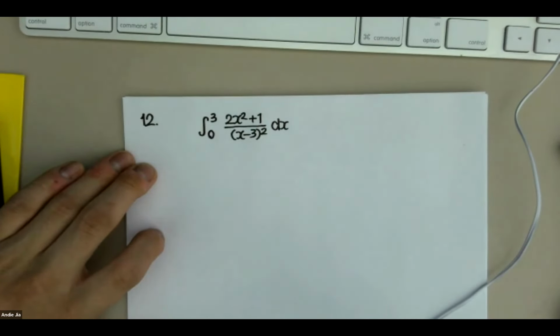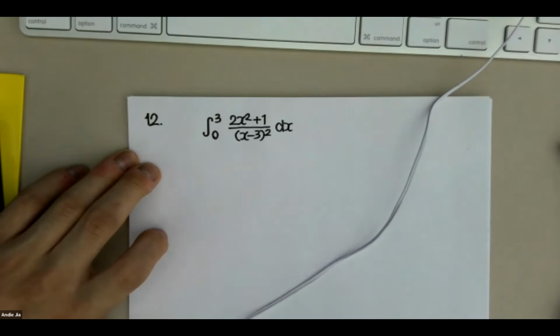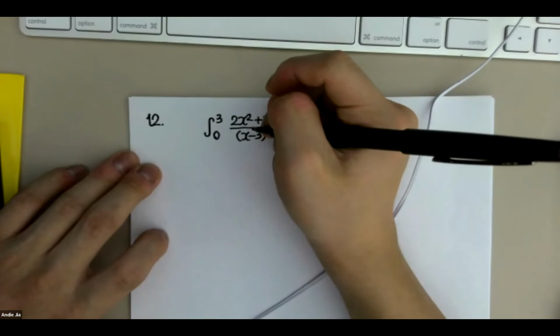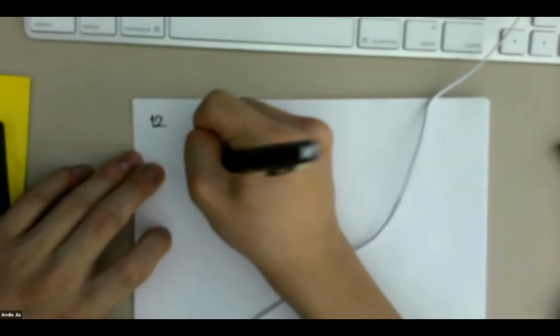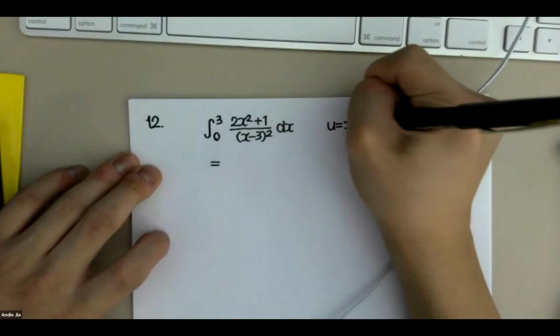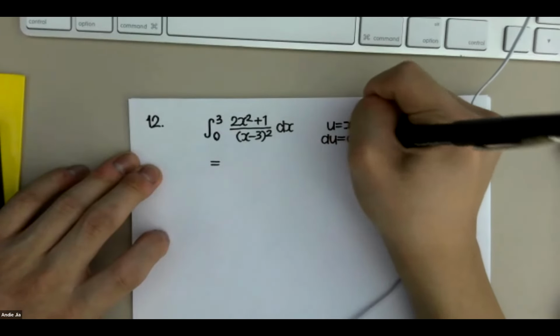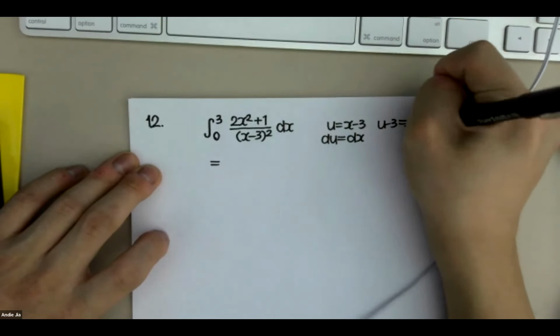To evaluate the integral, I can just do a u substitution because I don't want to do partial fractions or long division. So here's the trick. u is x minus 3, du equals dx, and u minus 3 is x.